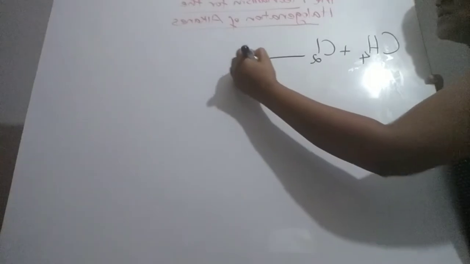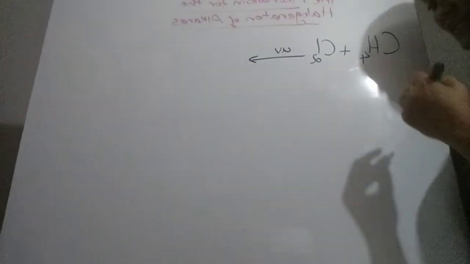Now, suppose you want to chlorinate methane, meaning you want to add chlorine to it. Well, we carry this out by means of a substitution reaction, right? So, here's our methane molecule, and we add chlorine to it, and we need our UV light there as a photocatalyst.